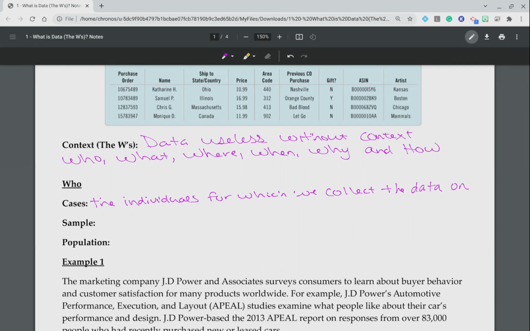All right, the sample, or sometimes called the sample size, are the cases selected to represent a larger population.